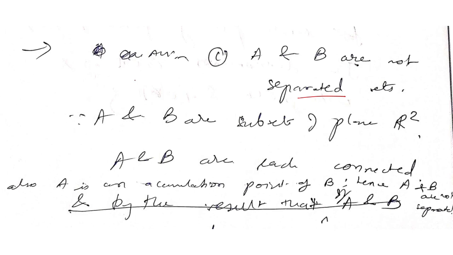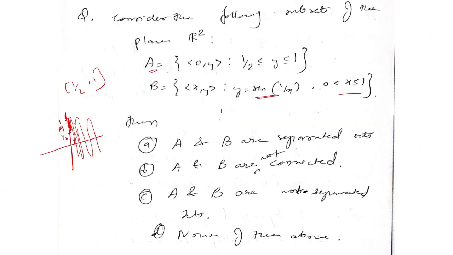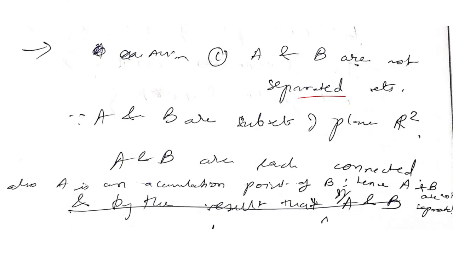Why? Because A intersection B closure is not empty. A will come in. A intersection B closure is A.